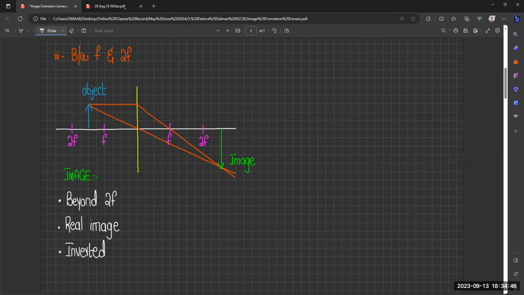And the height of the image on the other side is like 1, 2, 3, 4, 5 boxes. So it is magnified as compared to the given size of the object, right? So you can easily identify the size.